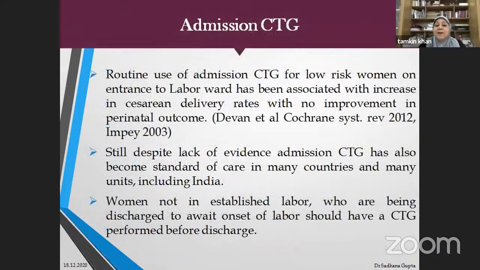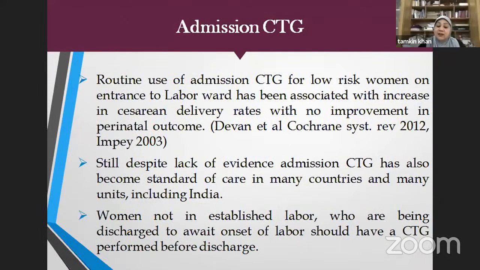In spite of having 5 or 6 CTG machines all the time in working order, the evidence is against the use of CTG for all patients. Why? Because there's a very high false positive rate. It increases the incidence of operative delivery, cesarean sections. At the same time, if it is not reassuring, you have to repeat it again.